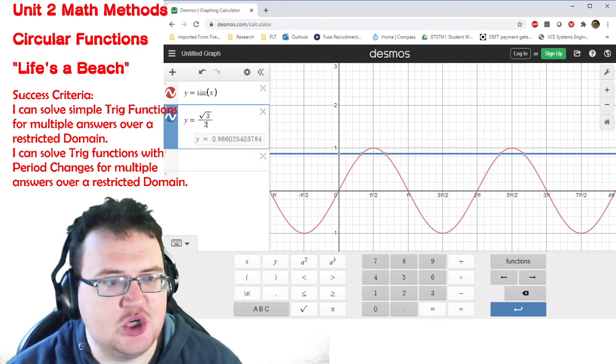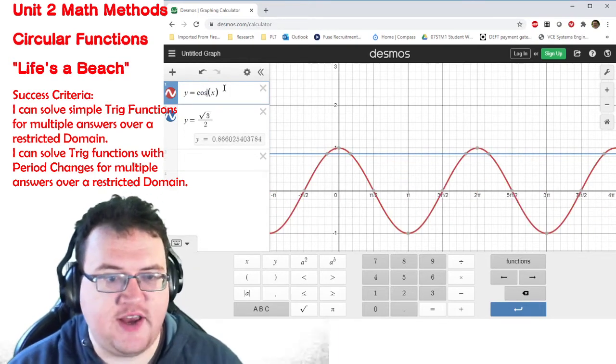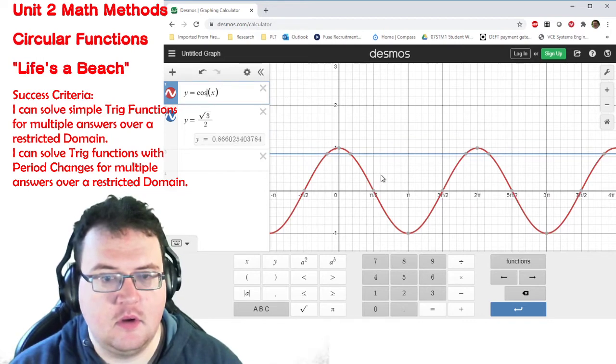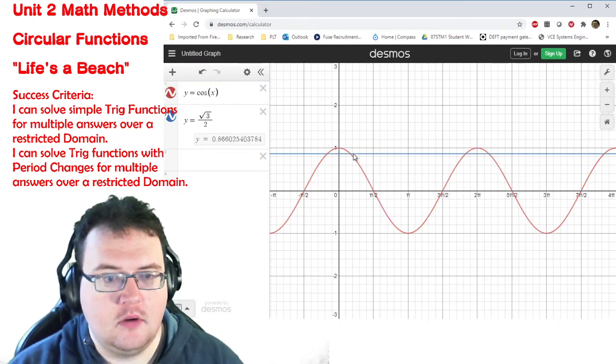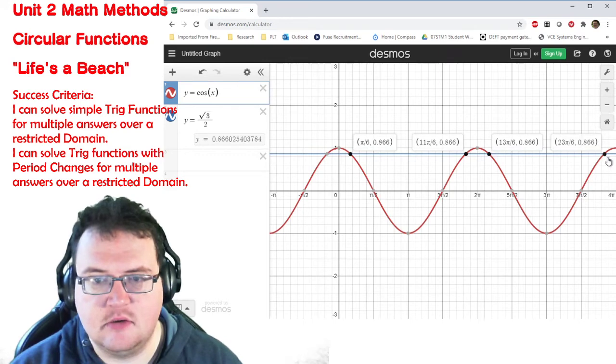All right, the same is going to be true if we change this to cos of x. Four answers, just slightly different patterns.